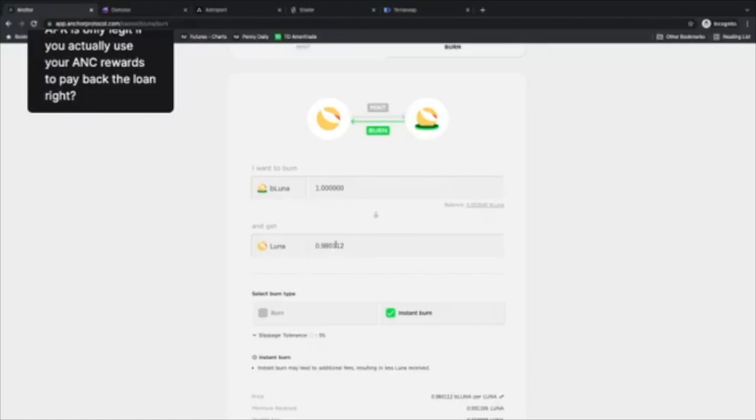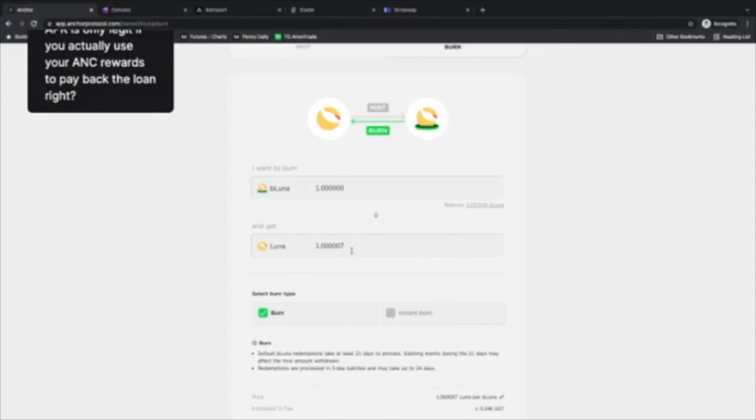So see how that little mechanism right there, I lost a little bit of Luna. The people that are trying to get to Luna quicker, to then do something with it, get to UST, I don't know what it is they want to do with it, they lose that little value going back to Luna. When you go through the 21-day process, I'm getting 1.0007.